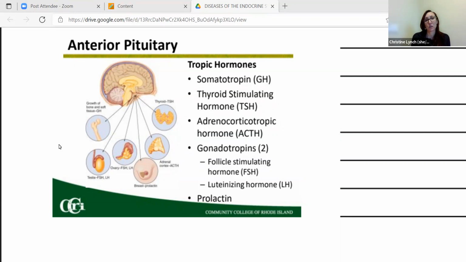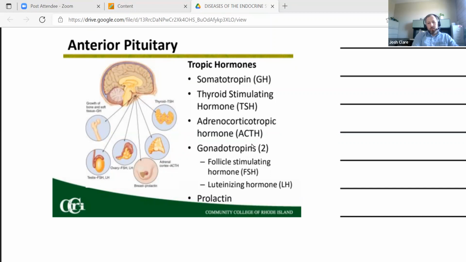The gonadotropins are responsible for sexual function and development, and there are 2 of these: follicle stimulating hormone, or FSH, and luteinizing hormone, or LH. The follicle stimulating hormone stimulates the production of the eggs and sperm, and the luteinizing hormone stimulates the ovaries to produce estrogen and progesterone, and the testes to produce testosterone.